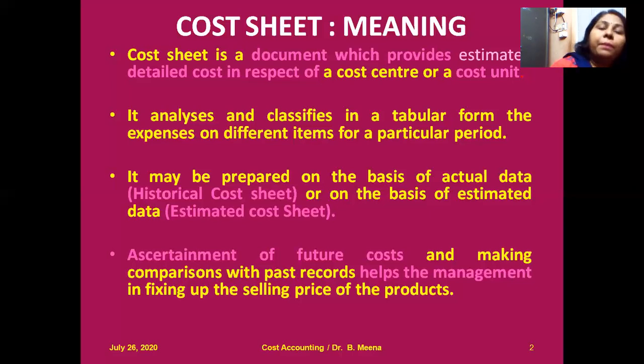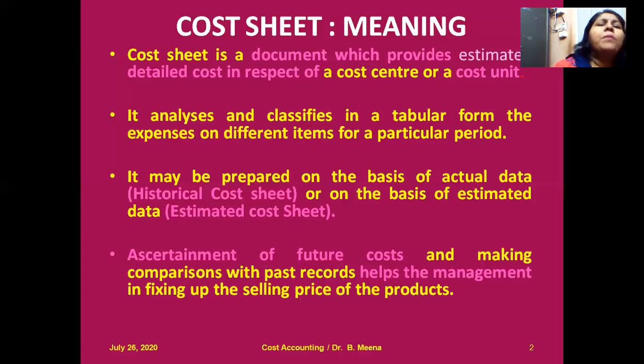The meaning for this third bullet point: a company can prepare a cost sheet either for the historical items, that means the expenses met by the company for production of the commodities. So they can prepare a cost sheet for the expenses they faced.